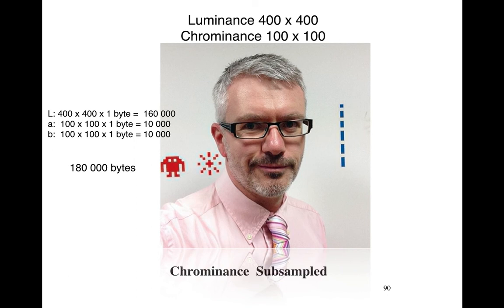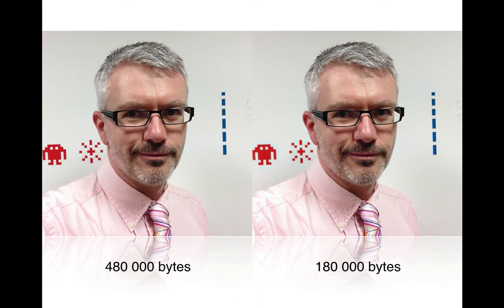But it's not a very colorful picture anyway. So the one on the left, if it was stored without any kind of compression, would take up 48,000 bytes. And the one on the right, in which the luminance has remained intact, so that was the 160,000 comes from there, but the chrominance information has been reduced dramatically.